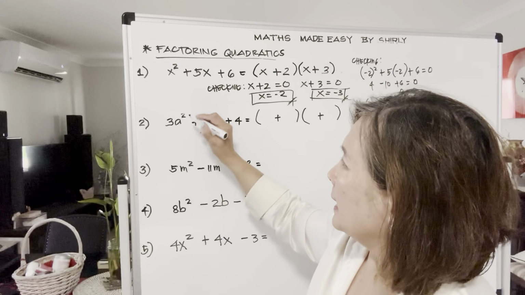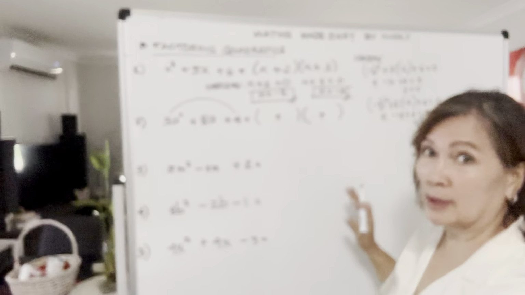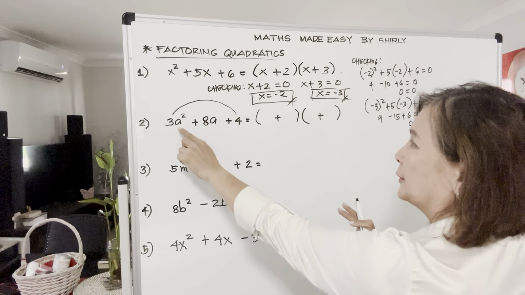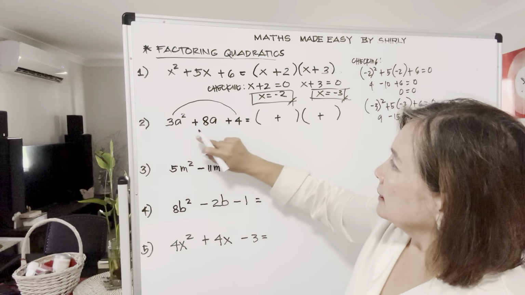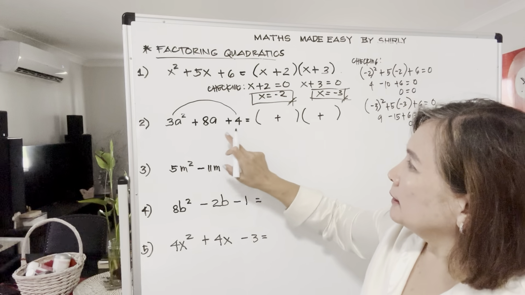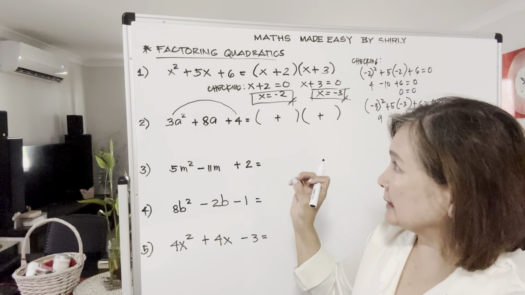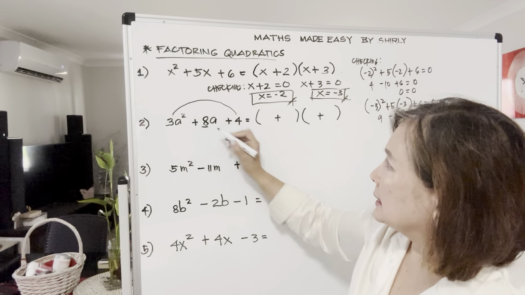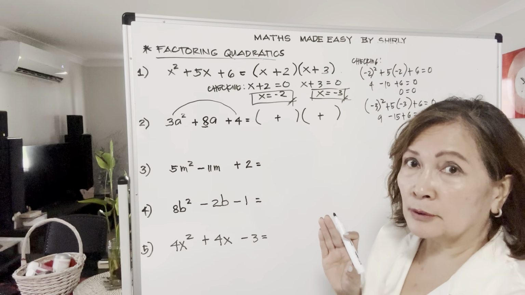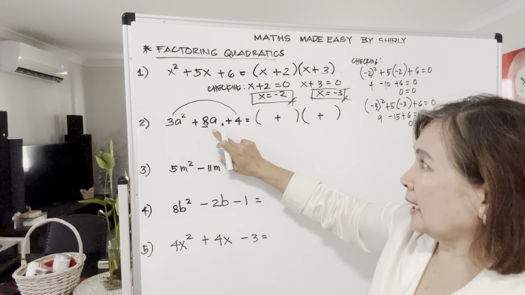We multiply 3 times 4, that is 12, regardless of our variable a. So from here, we think of the factors of 12 whose sum will be equal to 8.